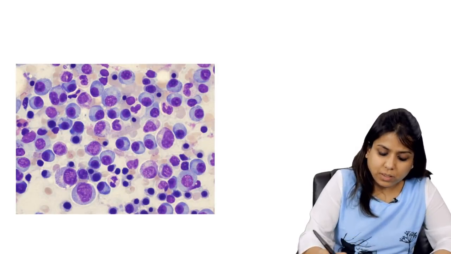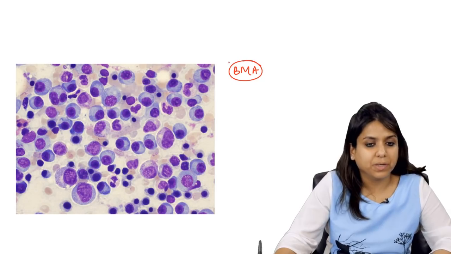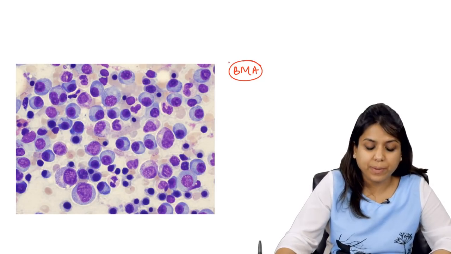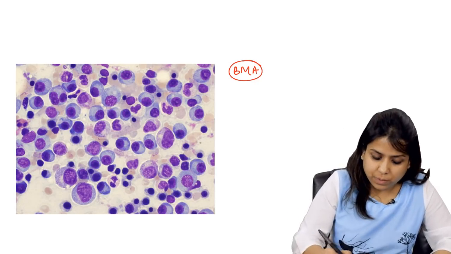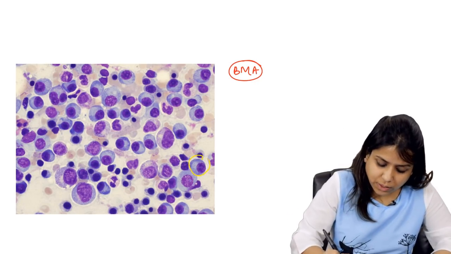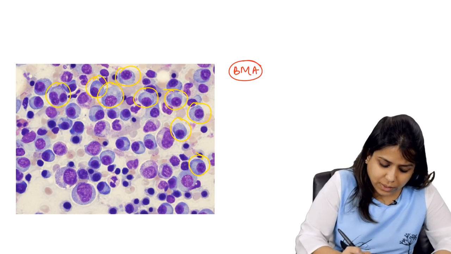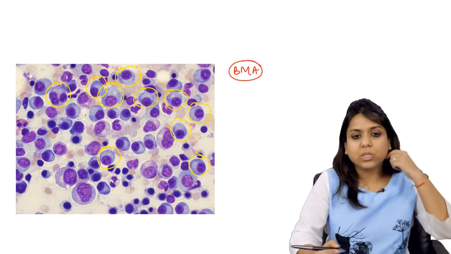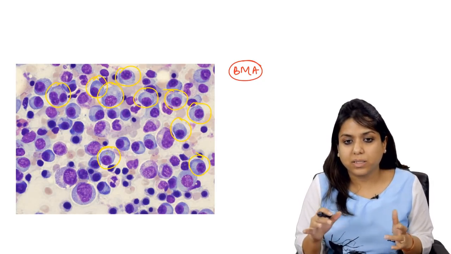Next, this is a bone marrow aspirate. I can see different types of cells, right? In this aspirate, which cells are increased, students? All these cells are increased in this slide, and just now I told you, students, what these cells are.